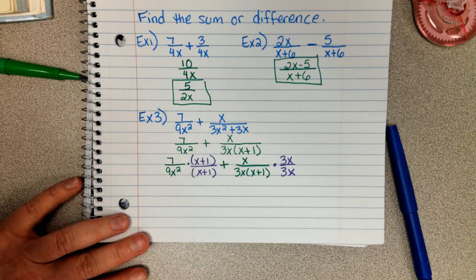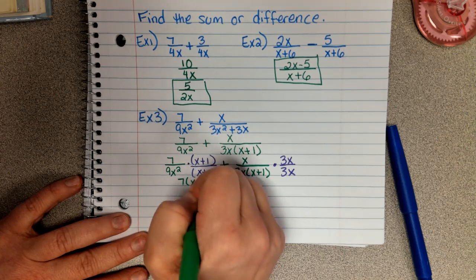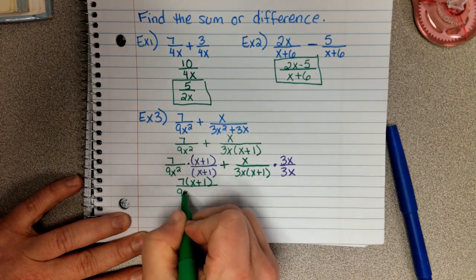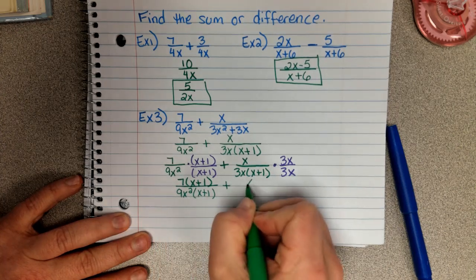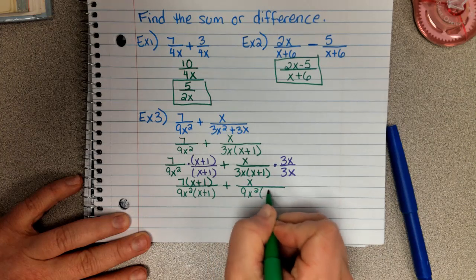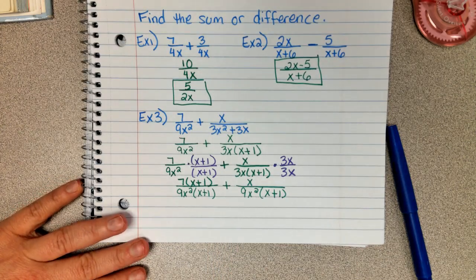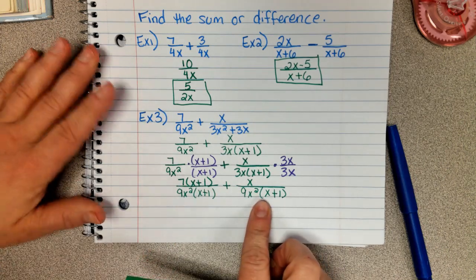That is absolutely fantastic. So what this actually means is that I have 7 times x plus 1 over 9x squared times x plus 1, plus x over 9x squared times x plus 1. This is great news. Now that I have the same denominator, I can add my numerators and keep the denominator. Fantastic.